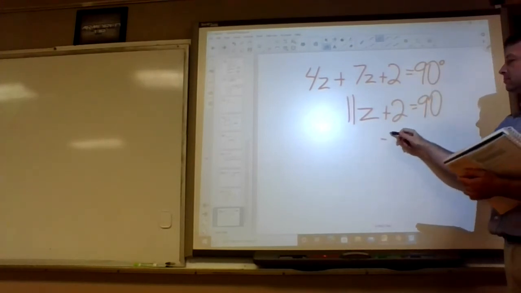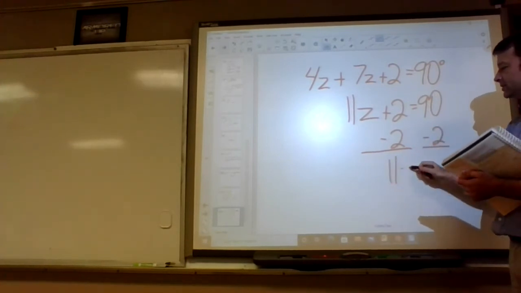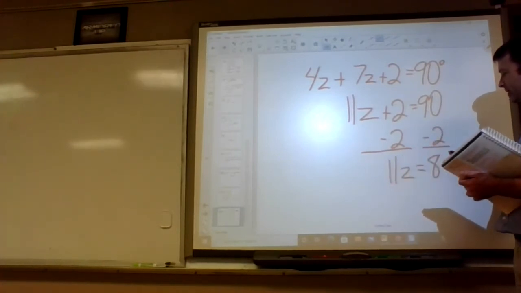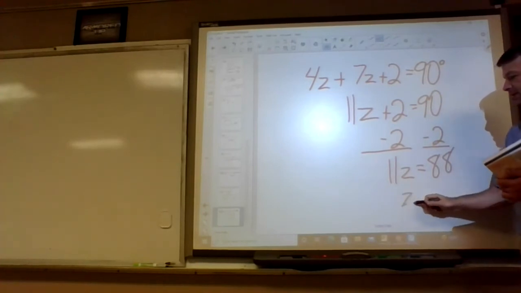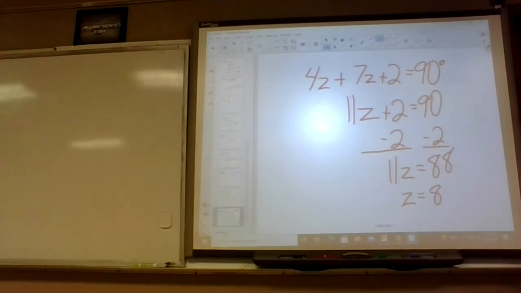Oh, minus 2. 88. If 11z is 88, then z is 8. So that would be the A answer.